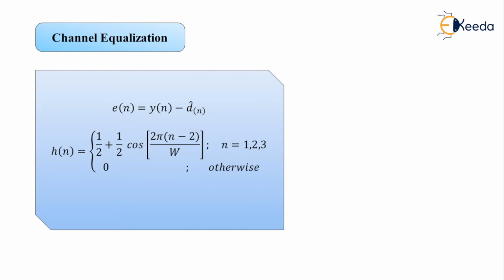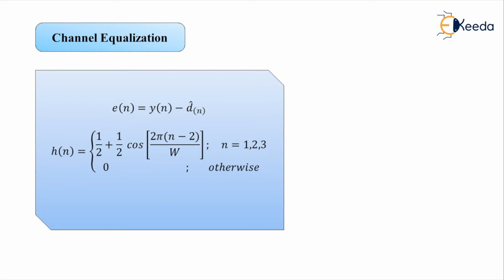Otherwise, it takes the value 0. Additionally, to controlling the amount of distortion introduced by the channel, the parameter w in the denominator of the first condition will affect the eigenvalues of the autocorrelation matrix capital R suffix x of the received signal x of n.